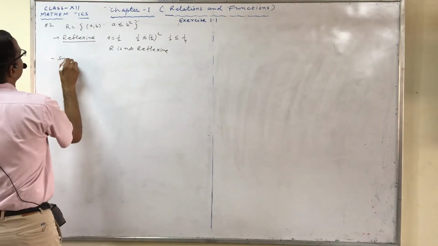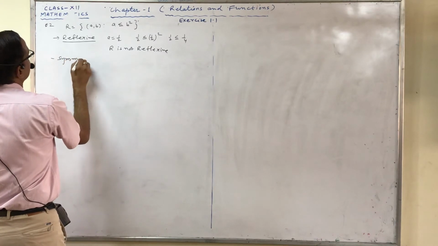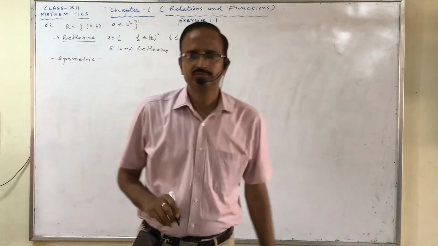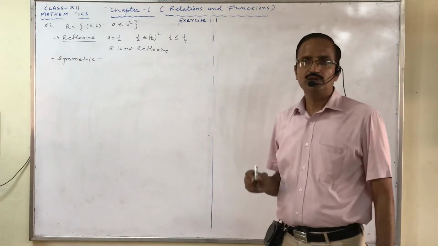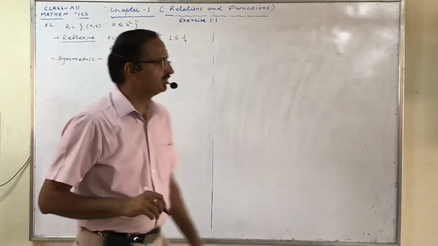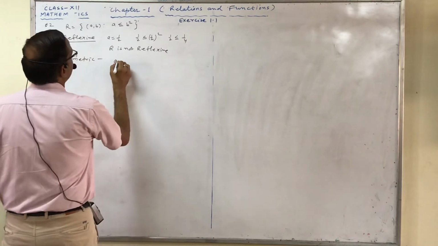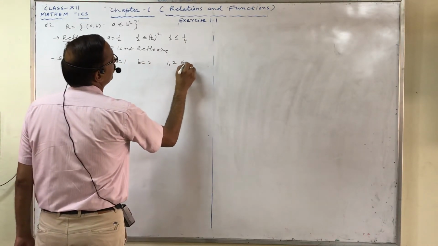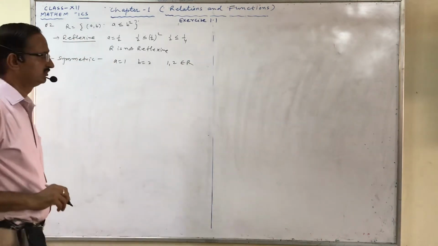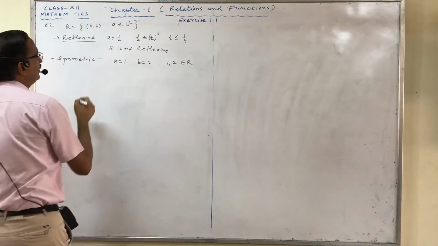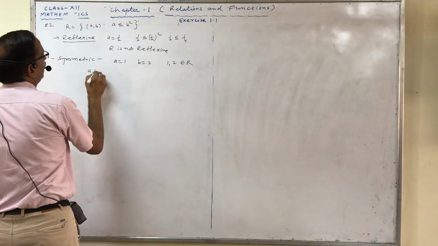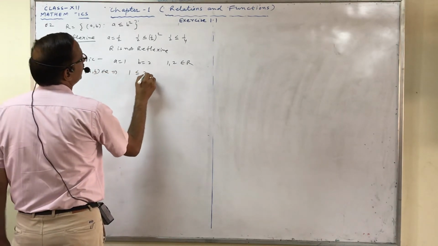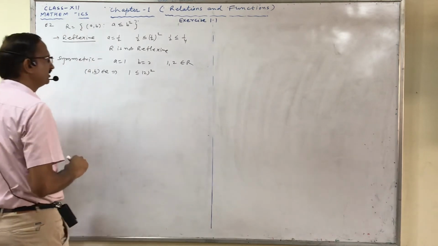Now symmetric. Again, I am taking one counter example. Suppose a is 1, b is 2, and 1 and 2 both belong to real numbers. Now check, (a, b) belongs to R means 1 is less than or equal to 2 square. Correct?